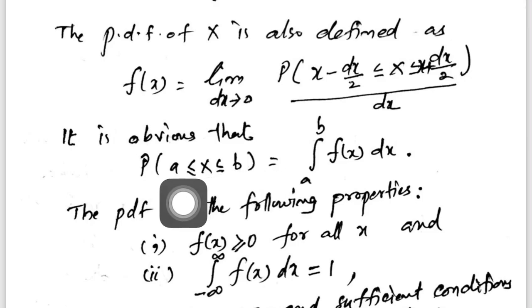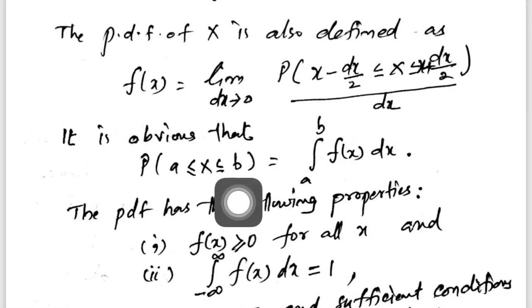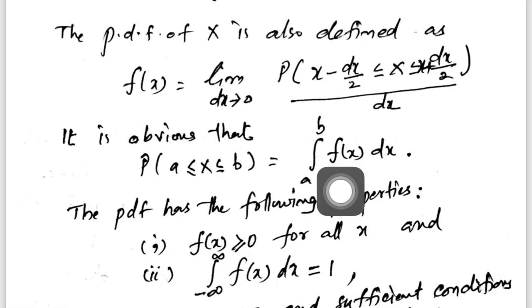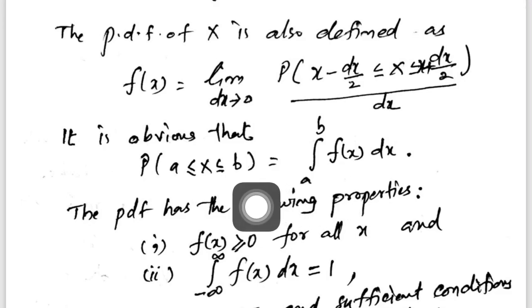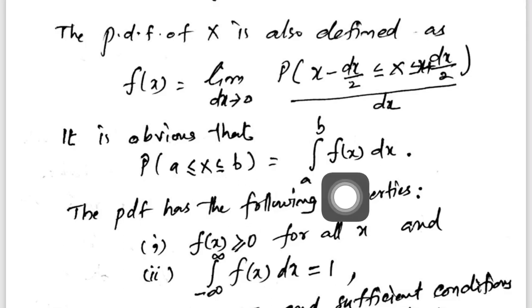And what is the meaning? The probability that a less than or equal to x less than or equal to a means the probability that x equals a. And the probability that x equals a is nothing but 0 because of the result in calculus. That means the probability that x takes a particular value a is 0.